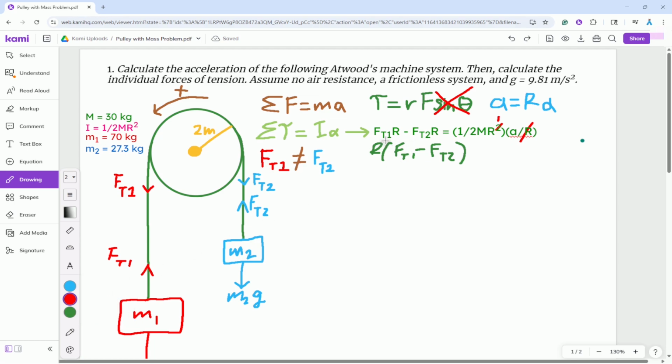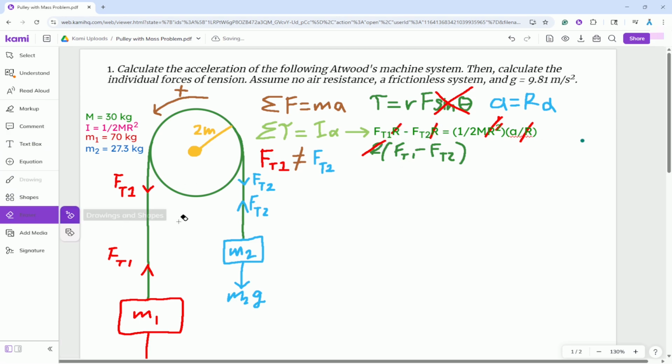We can actually cancel this R and this R completely. Meaning you could just do this and it'll do the same thing. So just showing you why this works.